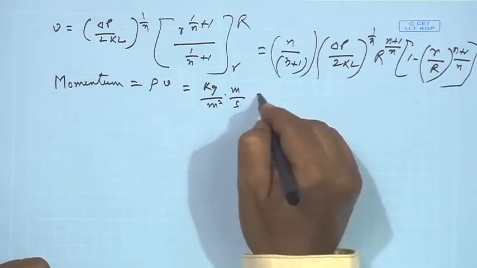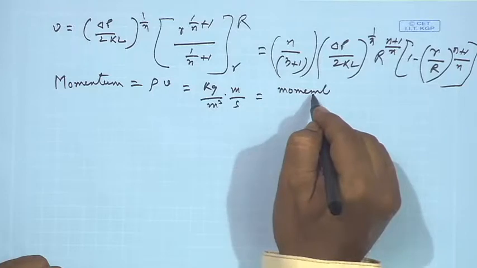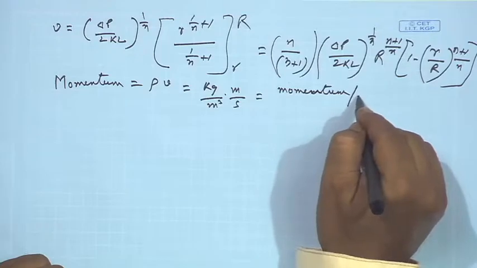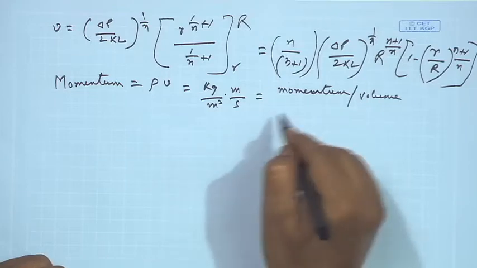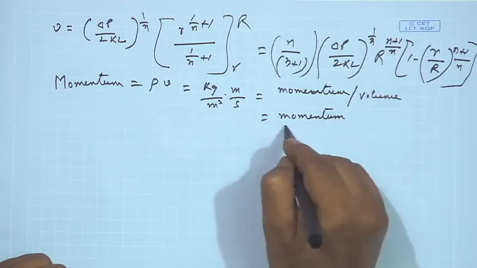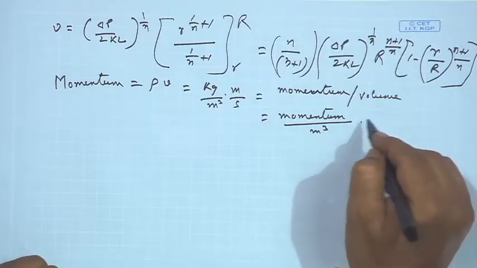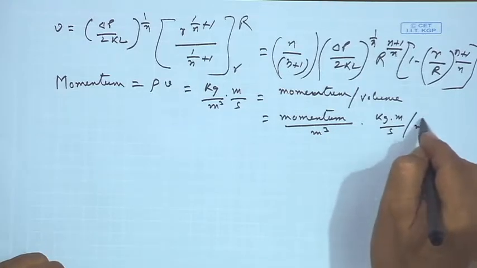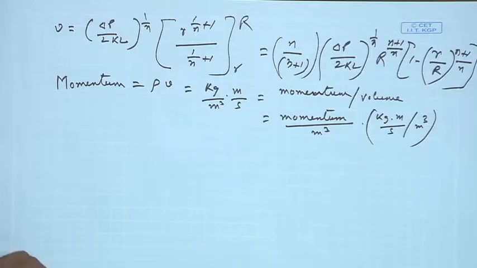So, this is called momentum, or momentum per unit volume, or we can also write it as momentum per meter cube, where this is kg meter per second per meter cube. So, this is momentum.